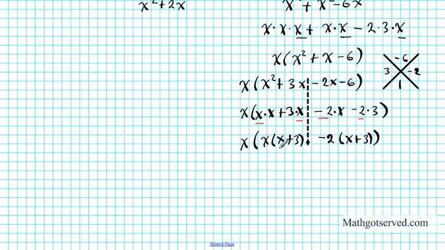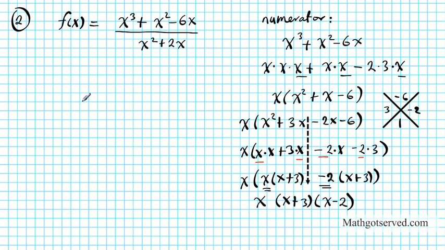So we can see these two quantities are identical, which is perfect. So I'm going to bring down this x, and then x plus 3, the identical quantities, factor out as 1, and you're left with x minus 2. So put that in its own parentheses, like that. Okay? So there goes the factored form of the numerator. So f of x can be written as x times x plus 3 times x minus 2.